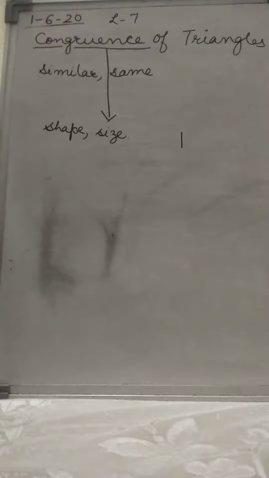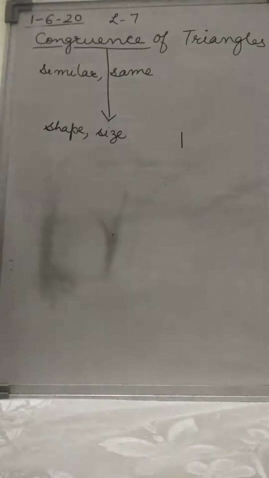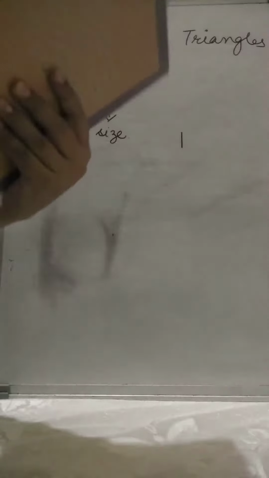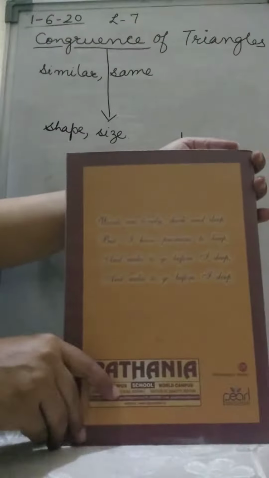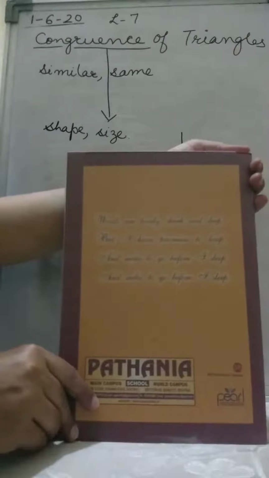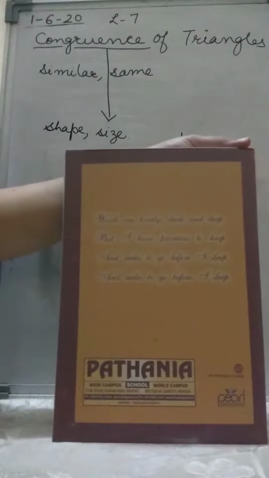If we keep one on the other, we get exactly one thing. Like here, these are two registers. These are congruent because when I keep them on one another, you can see only one register. You cannot make out that these are two registers.